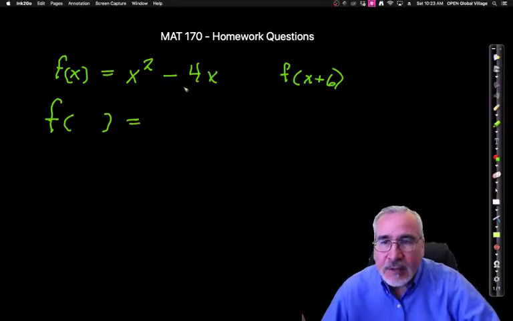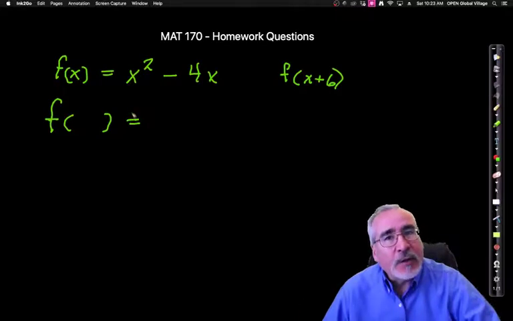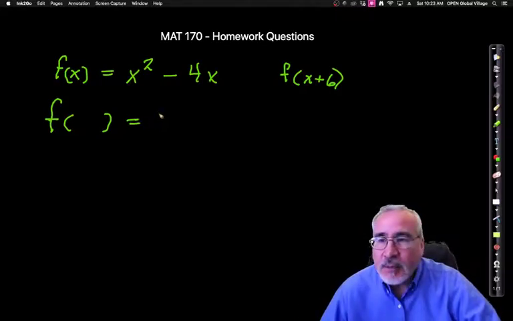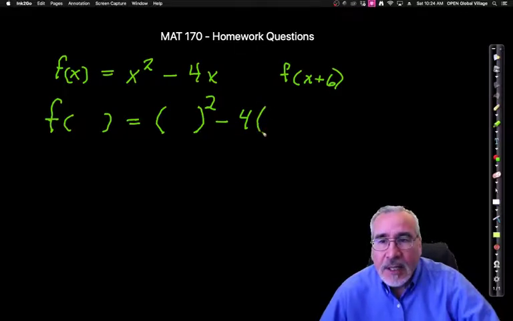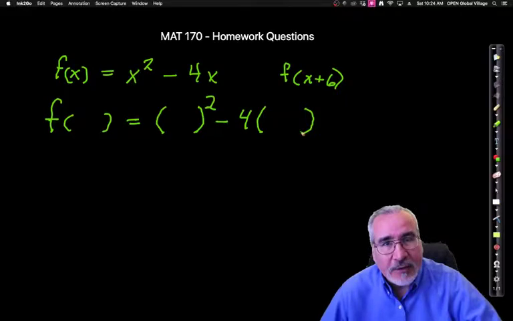Then on the right-hand side, everywhere I see an x, I replace that with a nice big open space. I'll use parentheses to delineate my space, so it's space squared minus 4 times space. Instead of having the x, I just have a nice open space to put things.